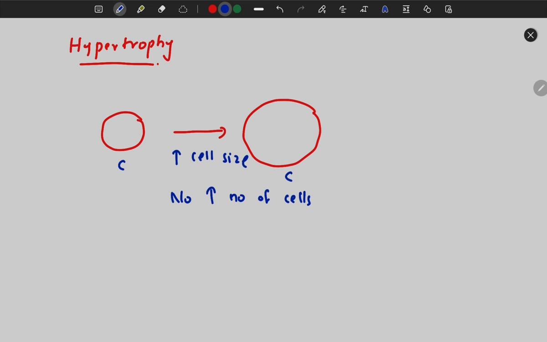When the cell size increases, it leads to an increase in the size of the organ. What is the mechanism behind it? It is the synthesis of certain proteins by the cells, which is the reason behind the increase in cell size.